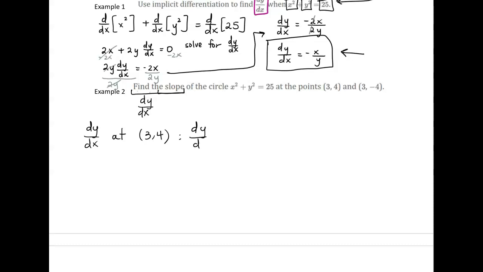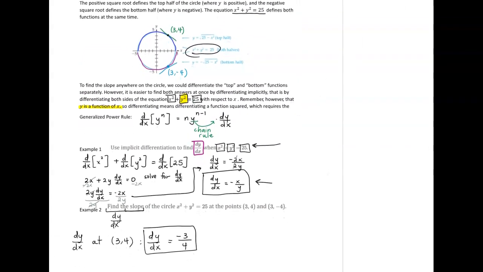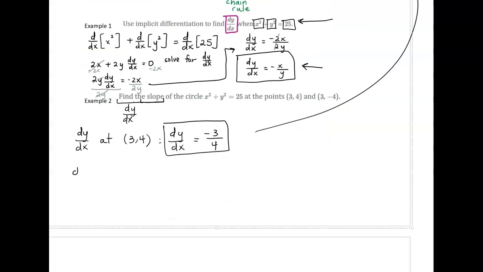So then dy/dx would be equal to negative 3 over 4. So that tells us that at this point up here, (3, 4), the slope of that green line is negative 3/4.